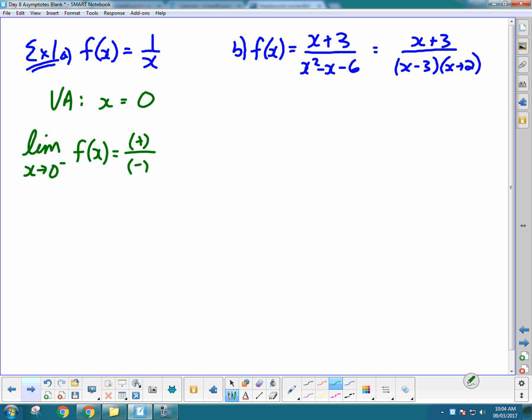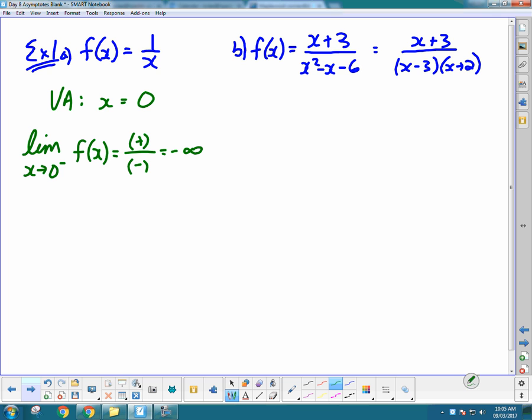And I don't care really what the number is. I know it's going to be really, really tiny. But when you take a positive number divided by a negative, small number, it's going to get you negative infinity. And so the graph is going to go down forever as it gets close to the asymptote.